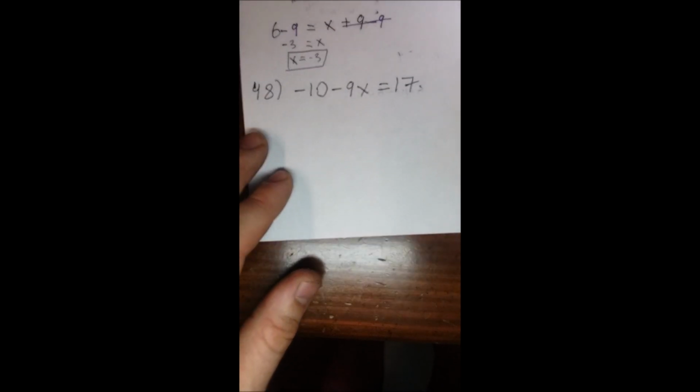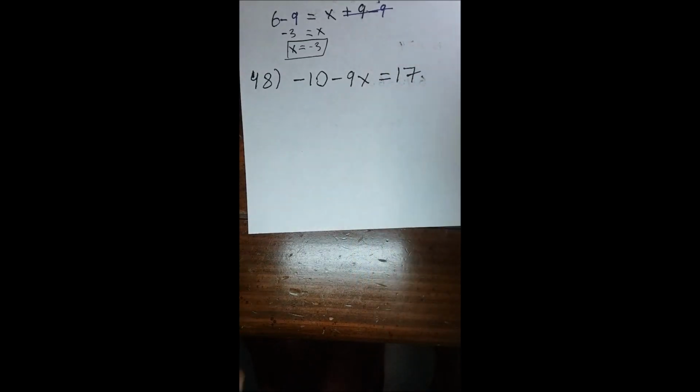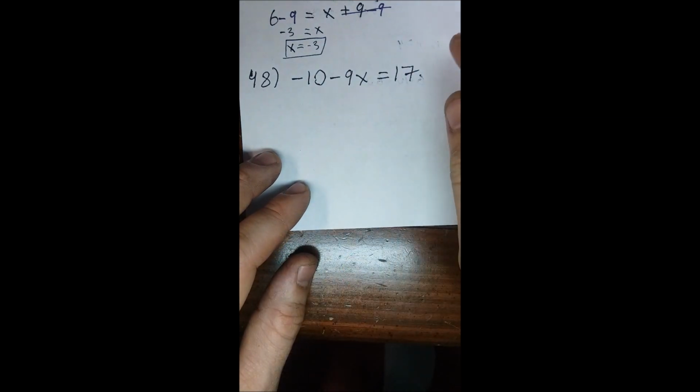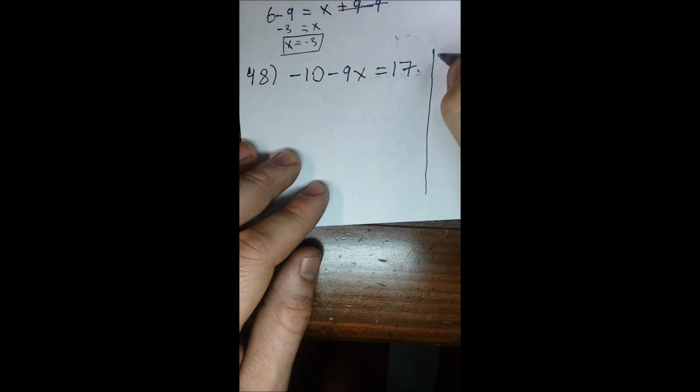Next question, question 48. And there's two questions left, by the way. So question 48, you get negative 10 minus 9x equals 17. Now this is the toughest one. Here we've got to do the reverse PEMDAS.